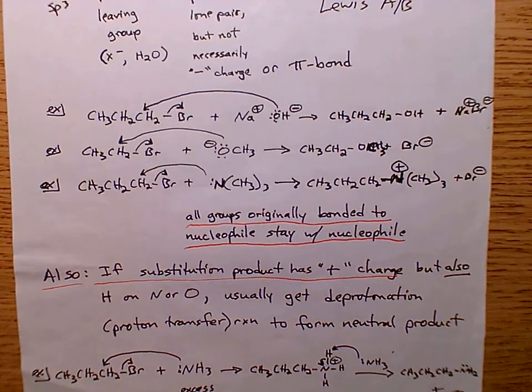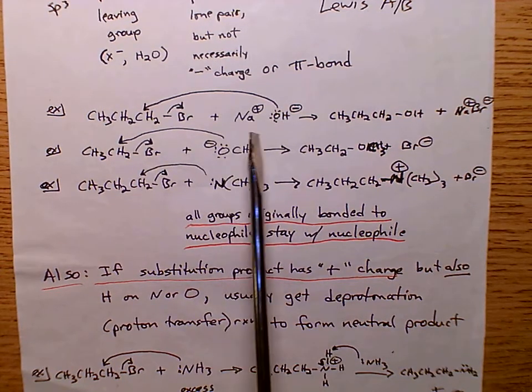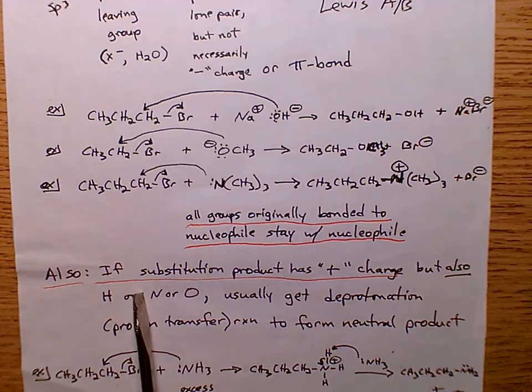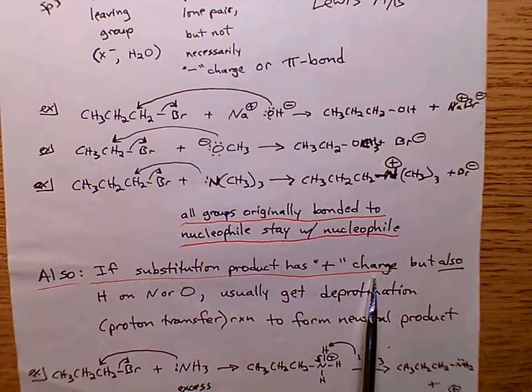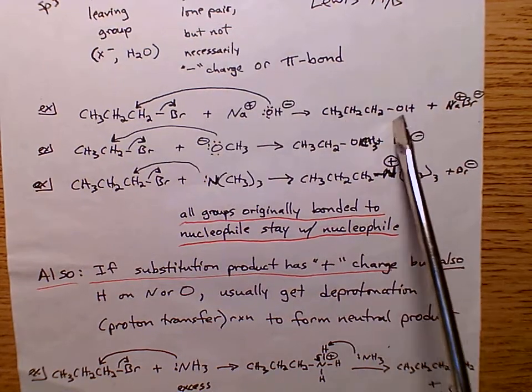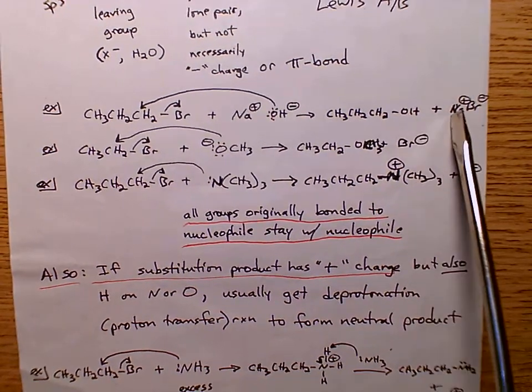However, there is something interesting that happens related to these reactions. If the substitution product has a positive charge, note here the organic product has a positive charge, we're not worried about the sodium.